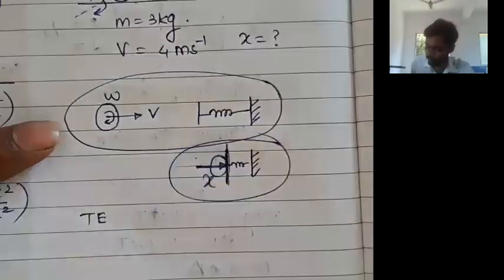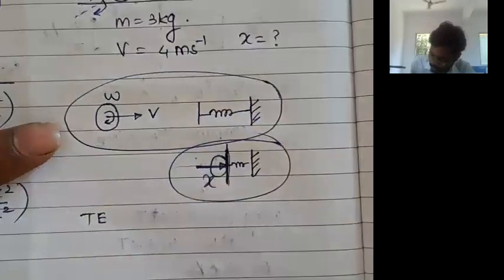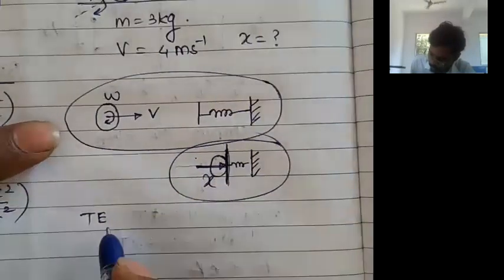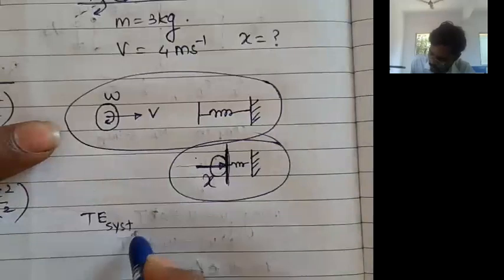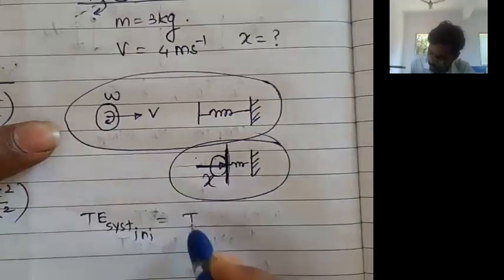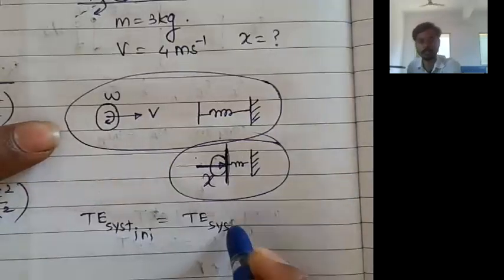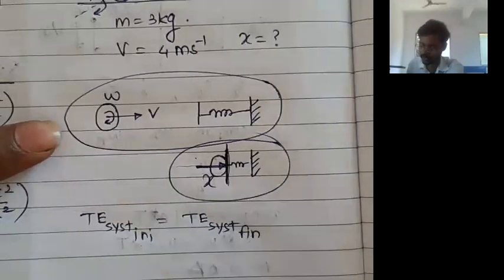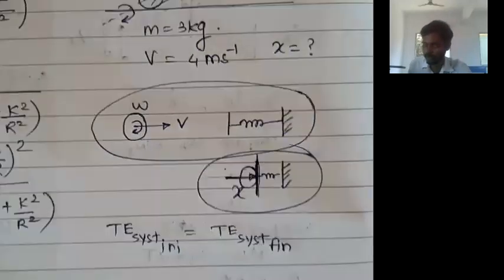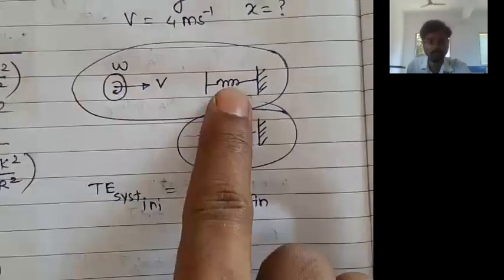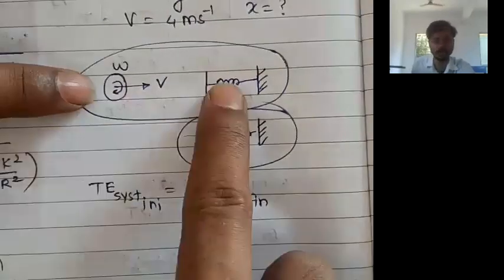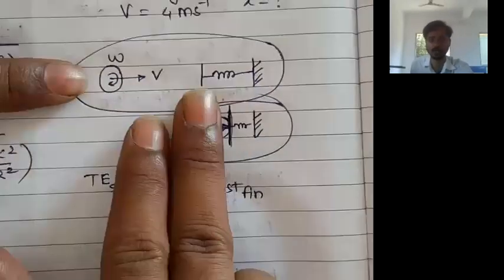Now initially in the system we have two things, cylinder and the spring. Initially the spring was not in the stretched position, it was in its natural position.